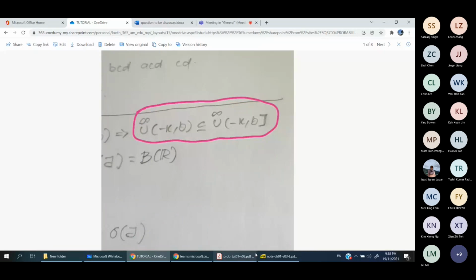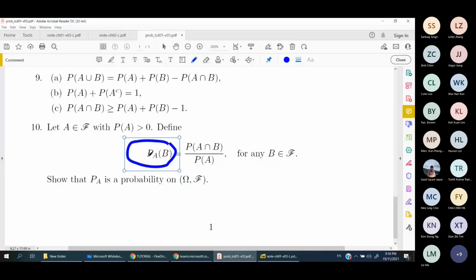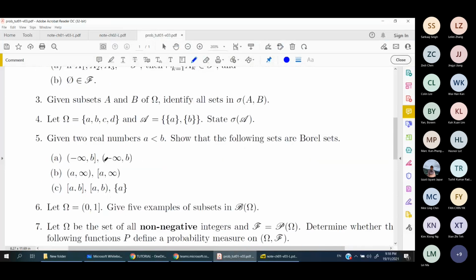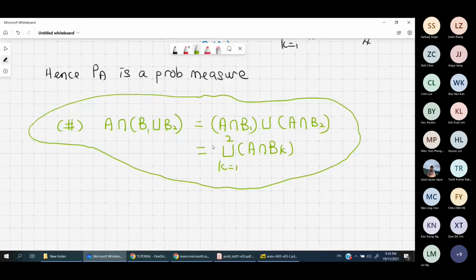Okay, so let's look at our question first. Where's our question? Given two numbers, show that all these are Borel sets. So this one we have to do step by step.